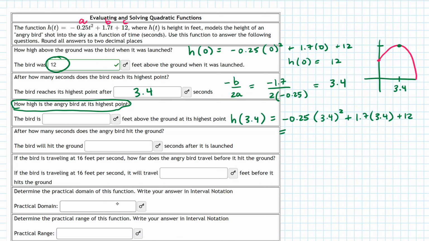Now, I will leave that up to you to throw into your calculator, but if you evaluate it correctly, you should get 14.89. So at the highest point, it has a height of 14.89 feet.